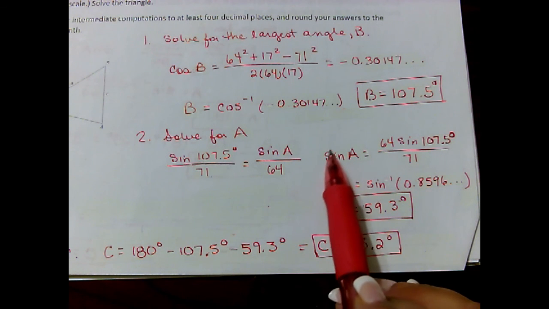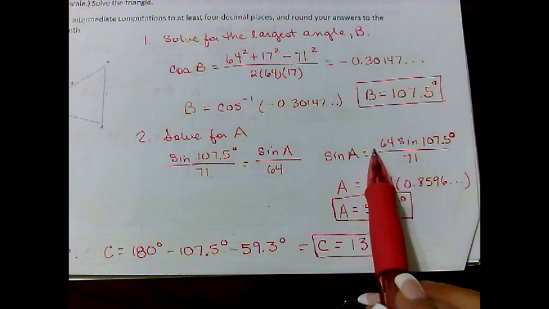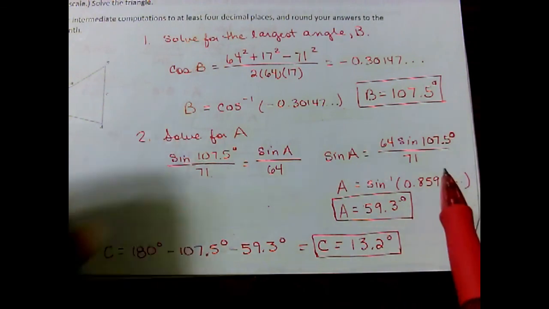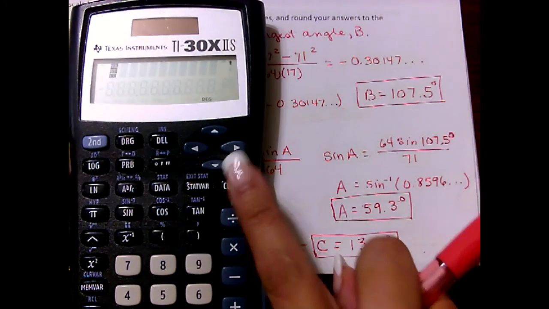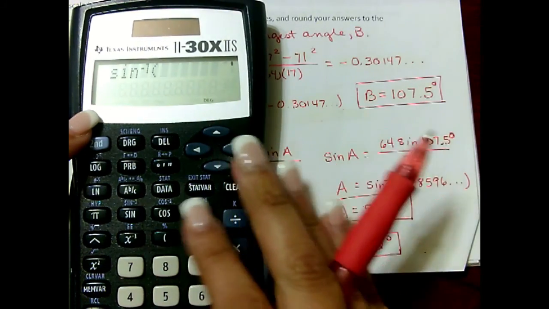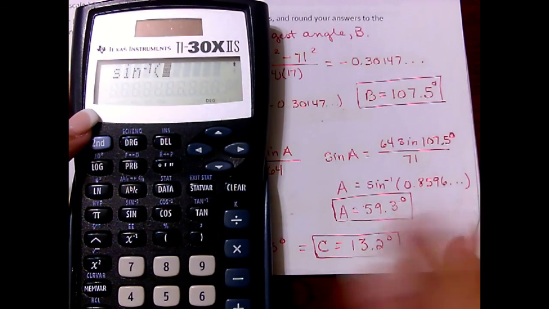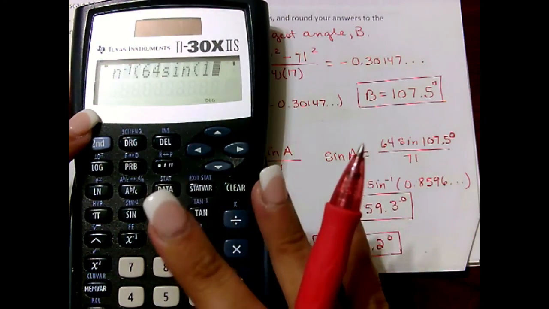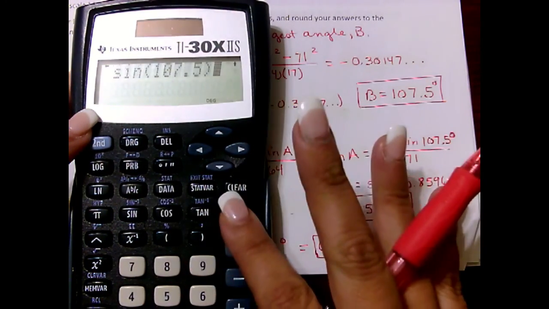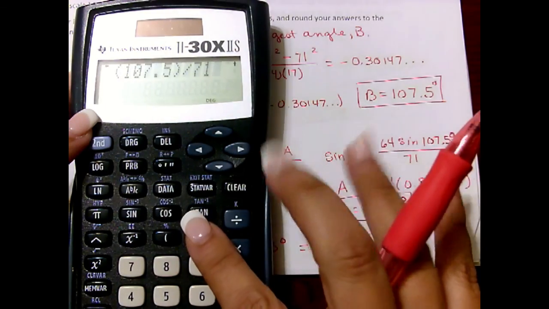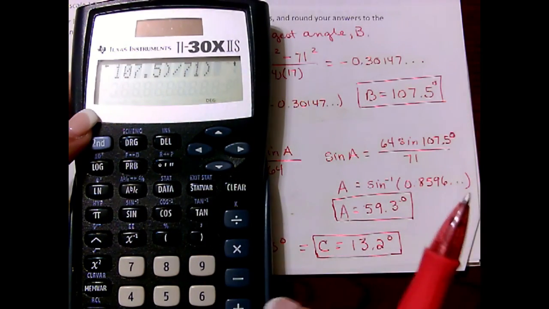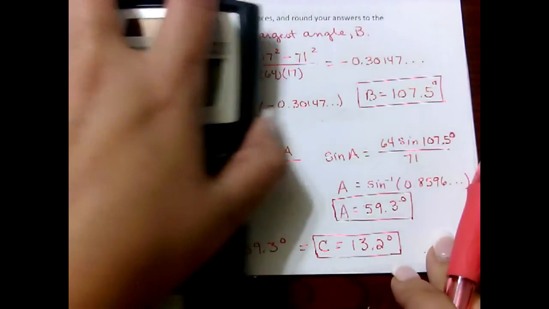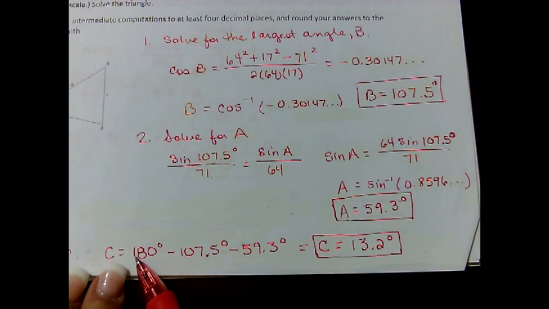Remember here, you need to take this sine over to the other side by doing second sine and then keeping our ratio. Let's go ahead and do that here. Okay. So I'm going to do second sine. Here's my inverse, and I'm going to put in this numerator: 64 times sine of 107.5 divided by 71. 59.2, which is what I have here.